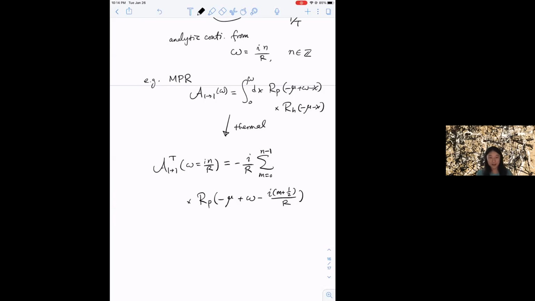So that's why there's a 1/2 shift here, times R_h of minus mu minus i (m plus 1/2) over R.